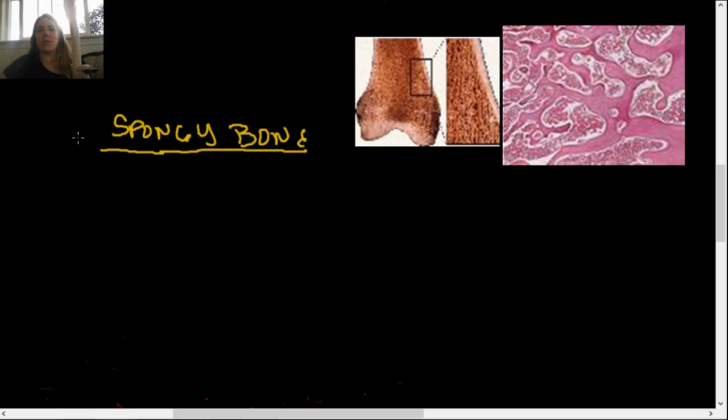Now keep in mind you have different kinds of bones, right? We have long bones and we have flat bones like what you'd find in the bones of your head. And they look very, very different. I mean, flat bone is not going to have this big medullary cavity like long bones do. So let's take a note of that just off in the corner here. So we have long bones.